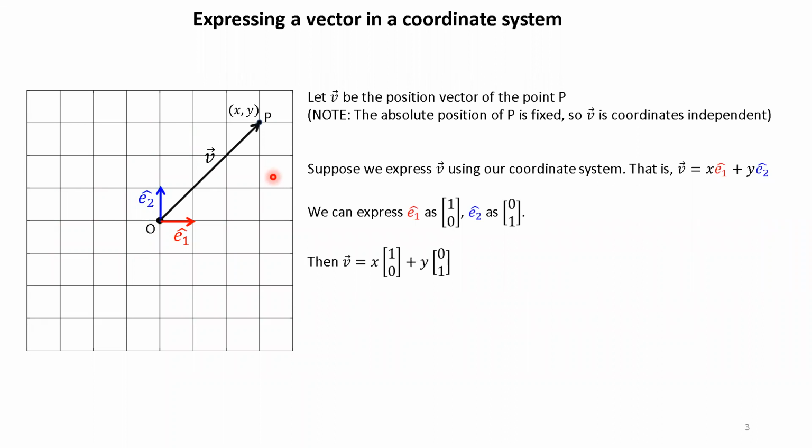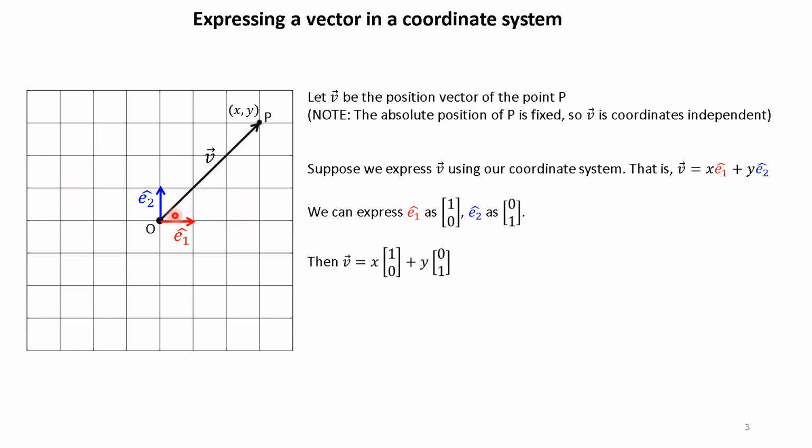Now suppose I have this position vector v, which is the position vector of this point P. This v is a physical quantity, because I'm talking about the position of this point P. That means v is actually coordinate independent, but of course I still need to define the origin point O. If I fix the point O, then I'll always be able to tell you that this is v, even without all the grid lines behind.